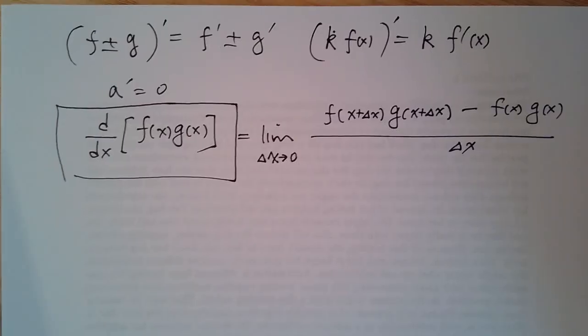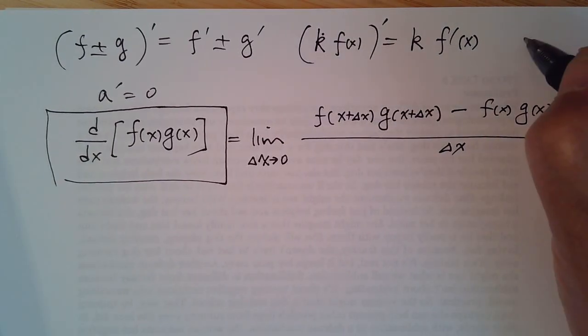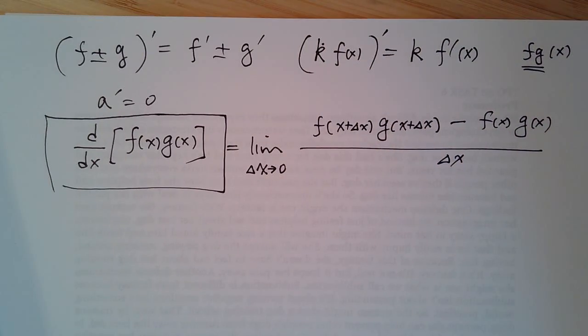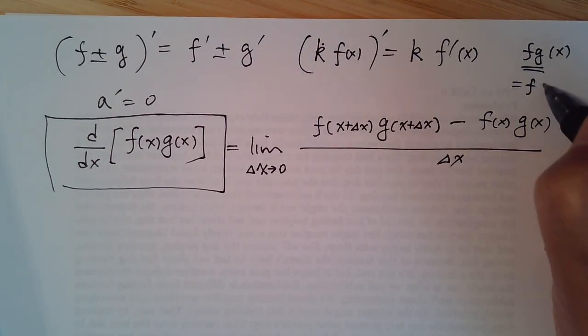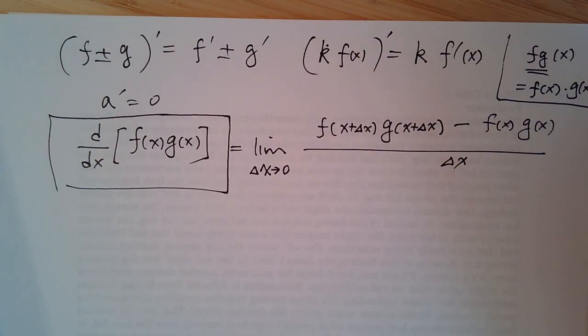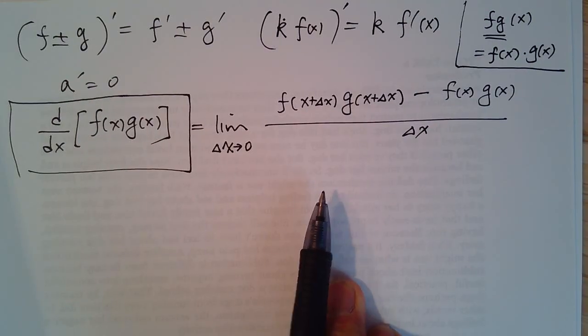And I believe in pre-calculus 1, if you have fg of x, this is called a product function, and that's the same as f of x times g of x, right? So that's a general idea. It's a product function. Okay, so leave that here.